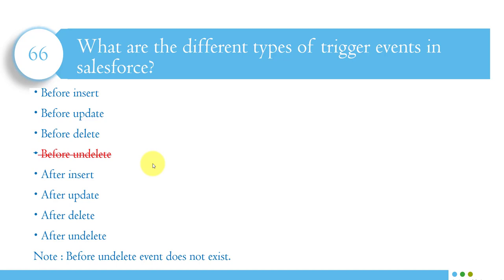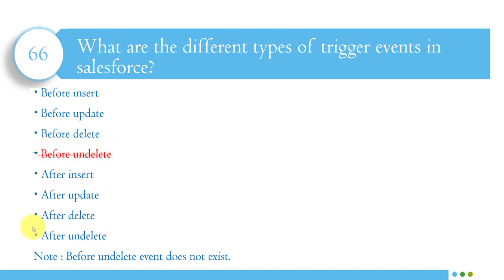For example, I delete an account record; it has gone from the account object and is in the recycle bin. The recycle bin is maybe some object Salesforce has created, and we don't even know its name. If you click undelete on the recycle bin, at that time account doesn't know, so we cannot write an undelete event on account. That is the reason before undelete is not there.